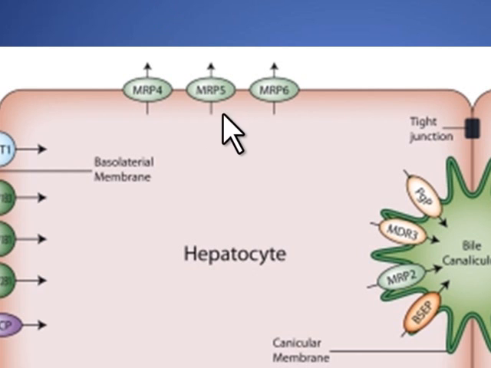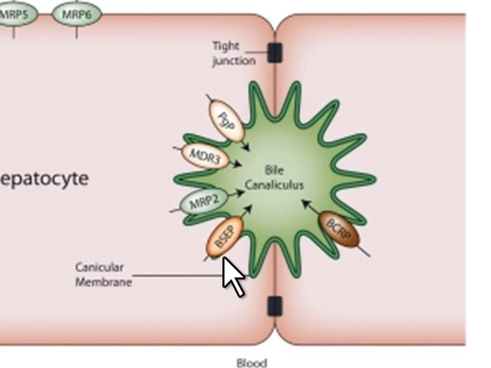Some exporters are found exclusively on the sinusoidal face of the hepatocyte and release the metabolite into the hepatic vein for eventual excretion in the urine. Other exporters, like the bile salt export protein, are found only on the canalicular surface of the hepatocyte. Therefore, these metabolites are transported into the bile duct for excretion.